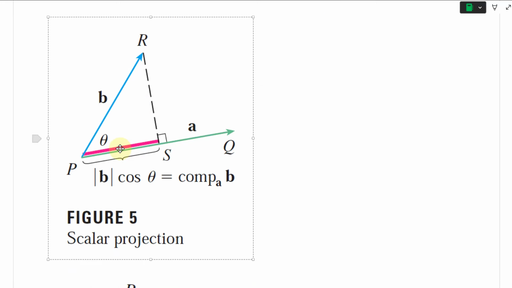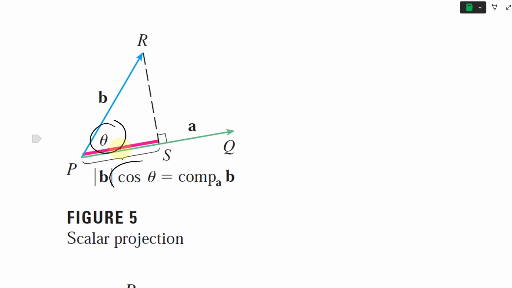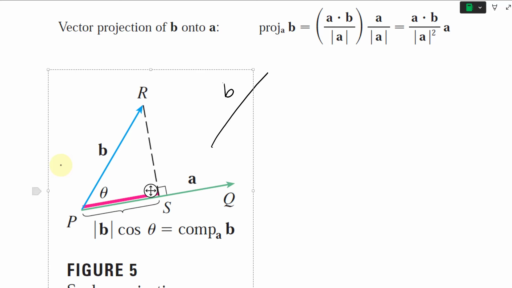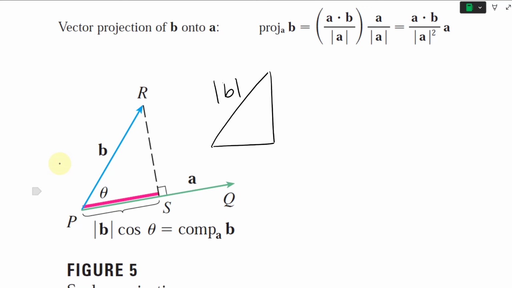This is also the absolute value, the length of this, and you're also using the cosine. Cosine theta is adjacent over hypotenuse. So if you have the length of B like this, this right here is going to be the angle, and let's call this x. So cosine theta is equal to x over the absolute value of B, adjacent over hypotenuse.